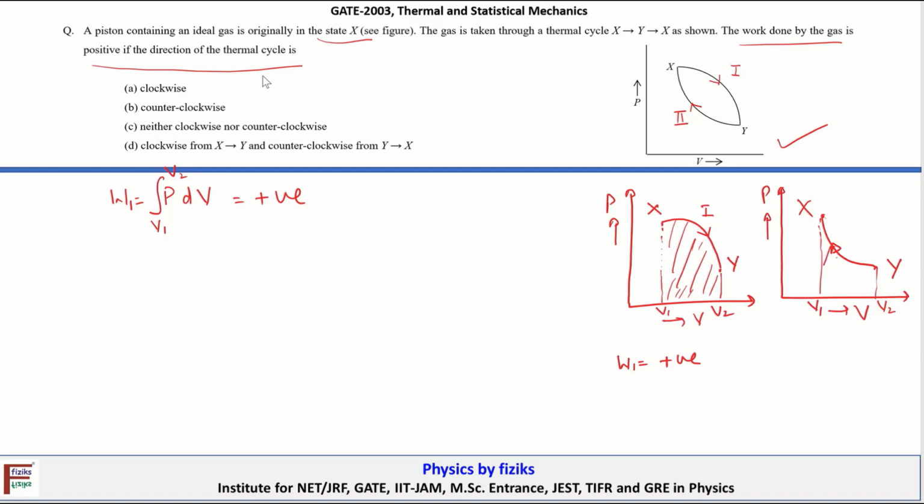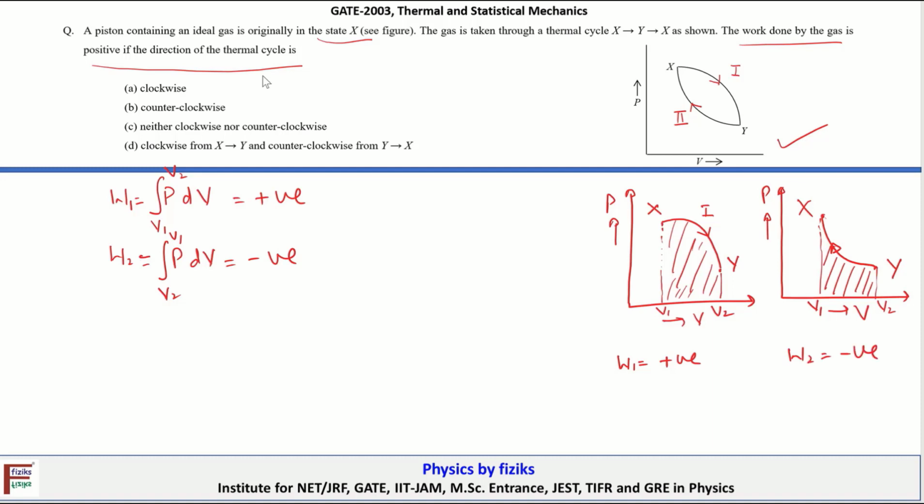Okay, so the work done during this process is given by this shaded area. So W2 is again the integral of PdV, but now from V2 as initial volume and V1 as final volume, and this is going to be a negative quantity. Okay, and the W2 here is negative.